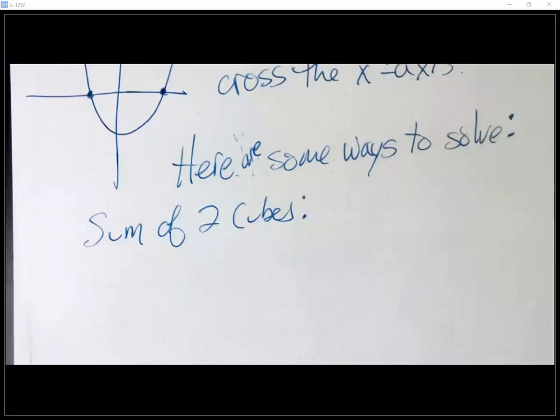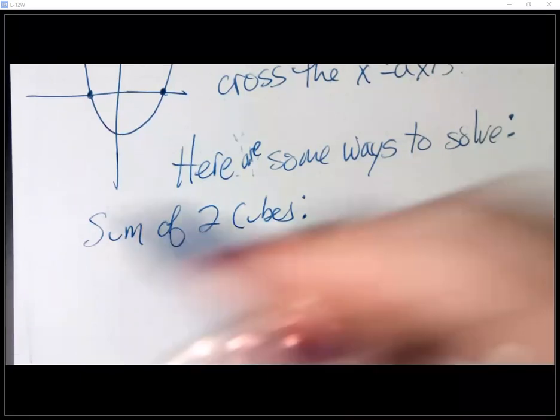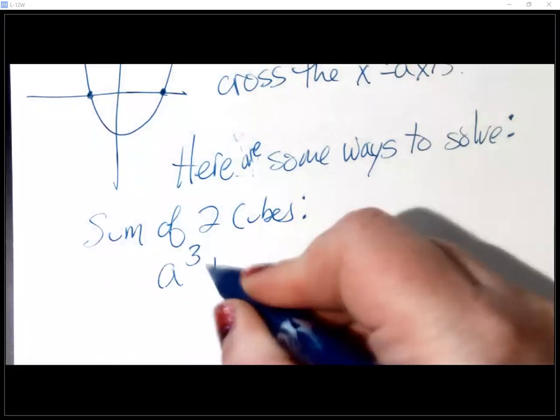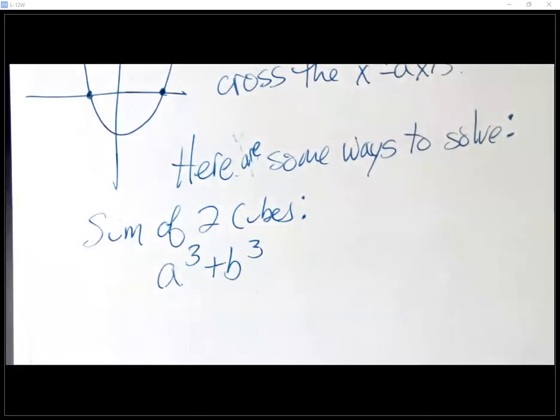So if you just so happen to have 2 numbers that are cubed and you are adding them together, it turns out there is a very nice formula to factor that apart. I'm going to give you the formula and then we'll practice a bunch of them until you get the hang of it.